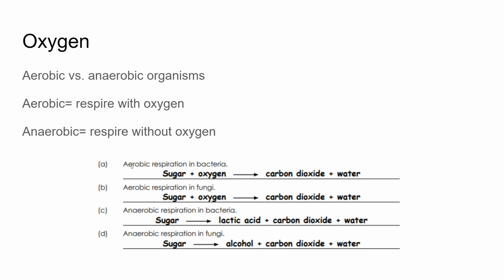So we can see here aerobic respiration in bacteria: sugar and oxygen produces carbon dioxide and water. Aerobic respiration in fungi is exactly the same. Anaerobic respiration in bacteria, lactic acid is produced. Anaerobic respiration in fungi, alcohol and carbon dioxide is produced. So those are the differences there.